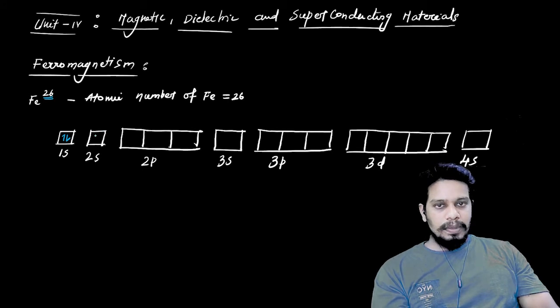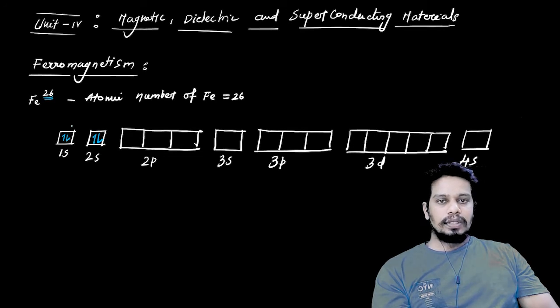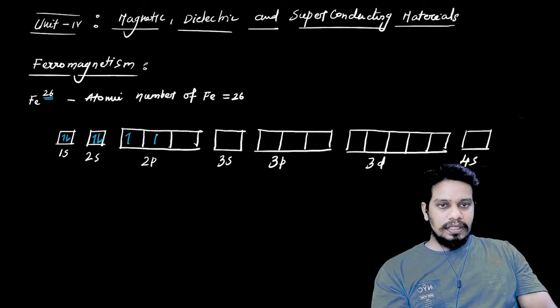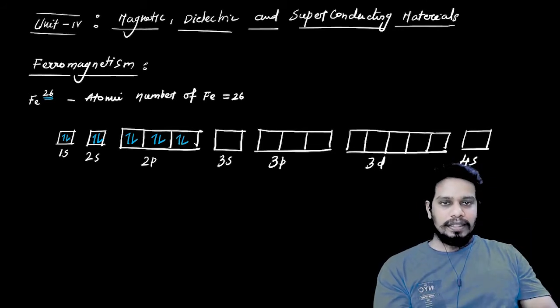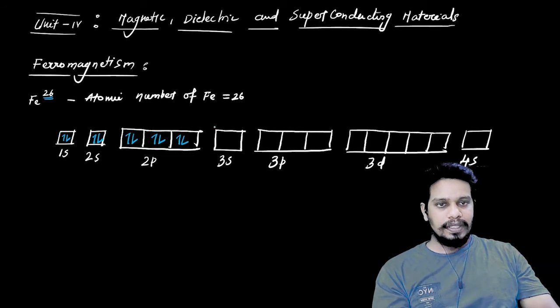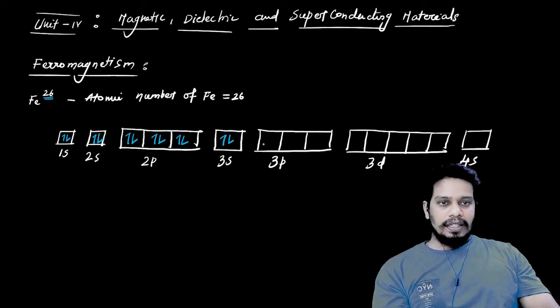The 2s orbital has two electrons with opposite spin. So 2 plus 2 is 4. In the 2p orbital, first we fill up spin, then down spin. It is also filled with six paired electrons, with up and down spins. The 3s is also paired, one is up spin, another is down spin.